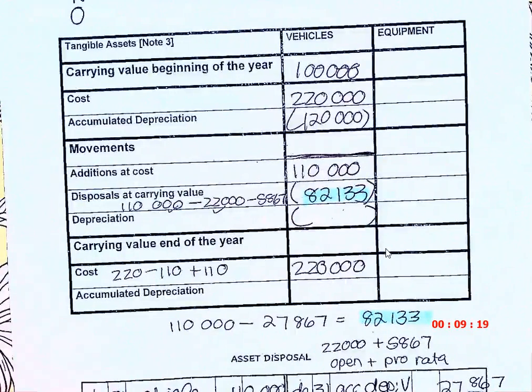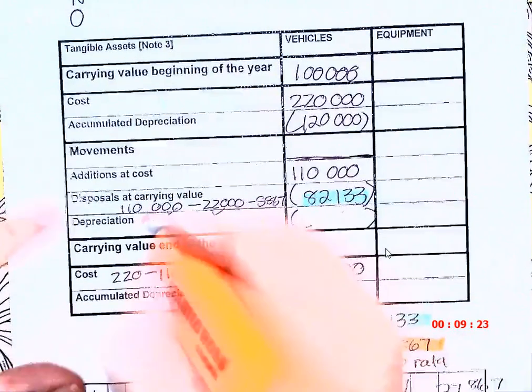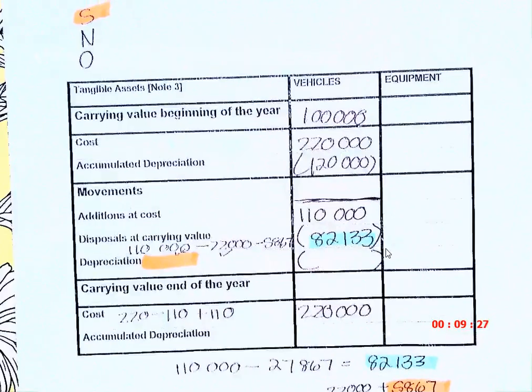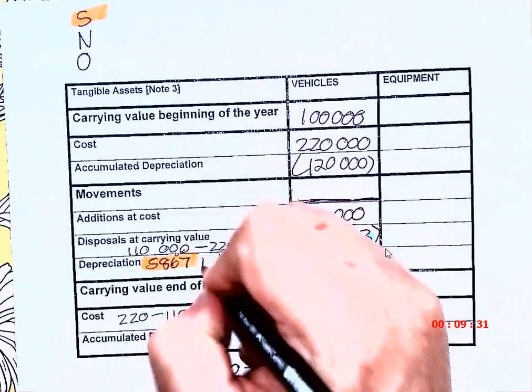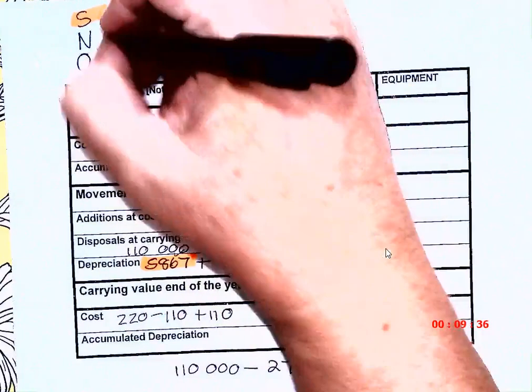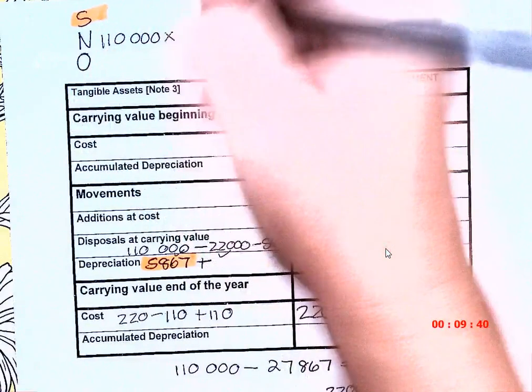We're going to take this pro rata of 5867. So that one is already there. The new one is also 110. It's at 20%.